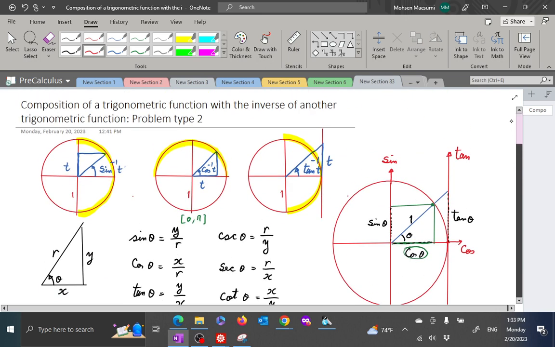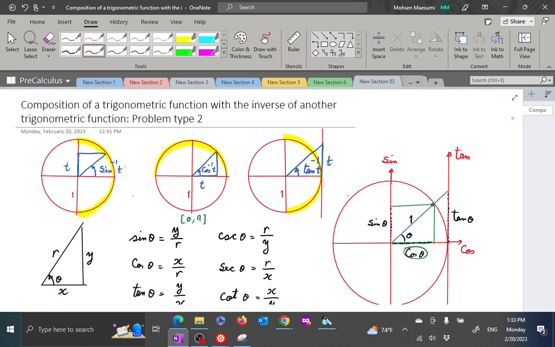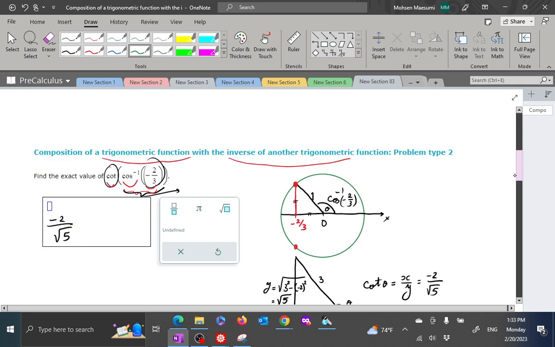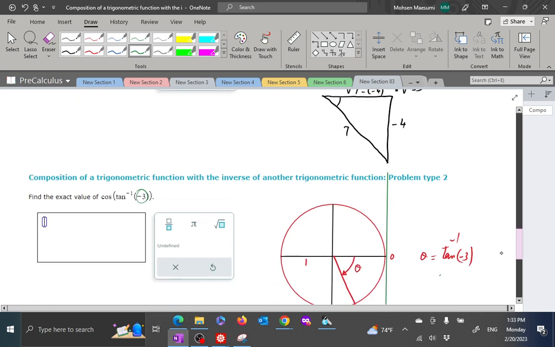Let's go back up here. If this is t, tangent inverse of t is this angle and has to be chosen in the range from -pi/2 to pi/2. We stay in the yellow region.